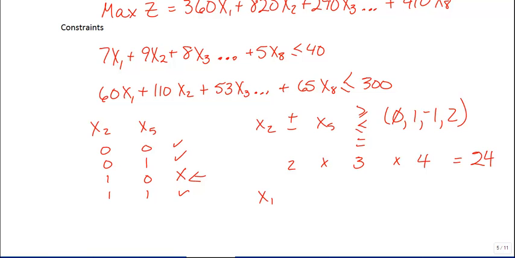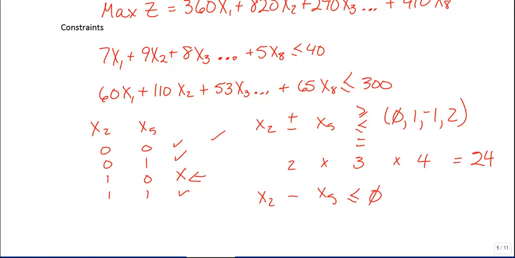And we might start by adding x2 to x5 greater than or equal to 0. Does that work? No, it doesn't. What we finally come up with, if we go through different combinations, is x2 minus x5 has to be less than or equal to 0.